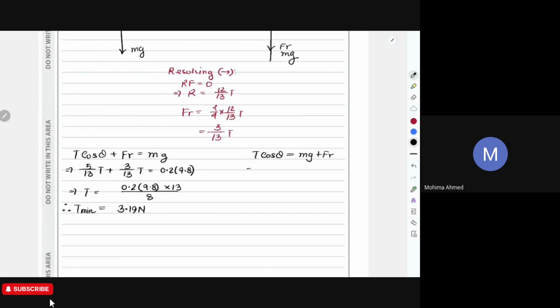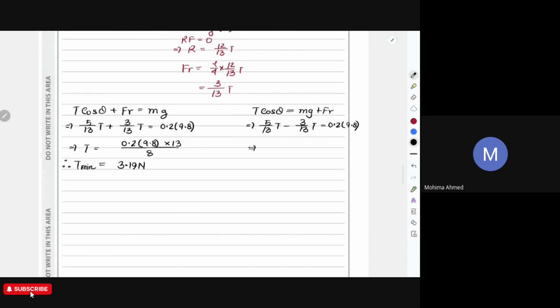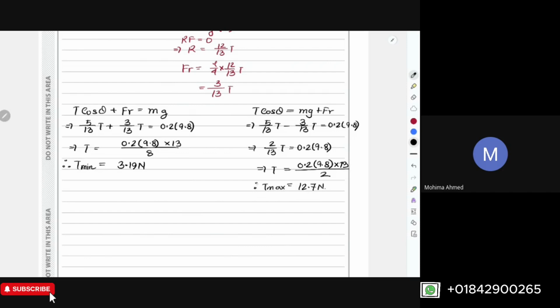That means if you take the friction on the left hand side, you have 5 over 13 T minus 3 over 13 T equals your 0.29.8, and this now gives you 2 by 13 T equals 0.29.8, and eventually the value of your T is just going to be 29.8 times 13 divided by 2, which is just 12.74. Or we can write 12.7 Newton, right? So this was your T max.